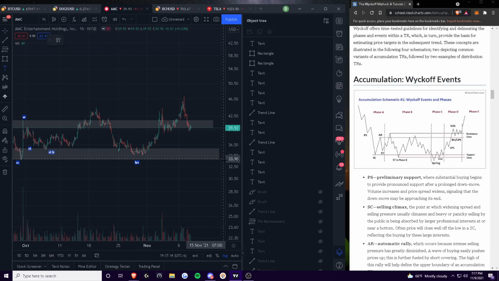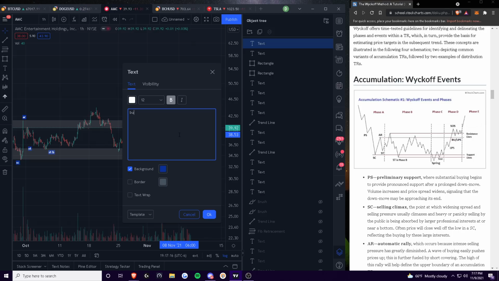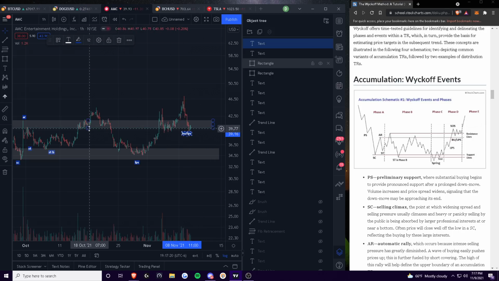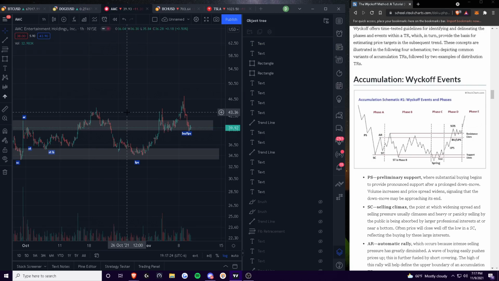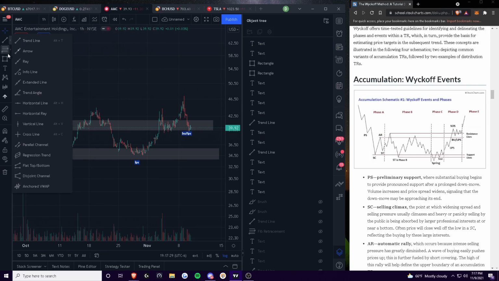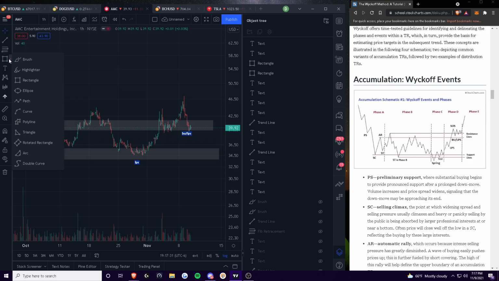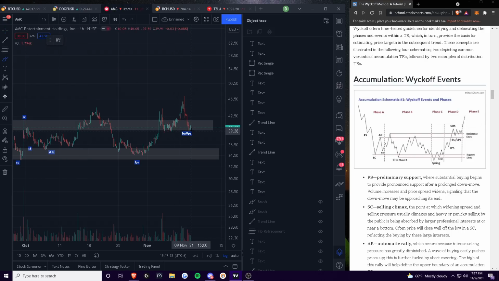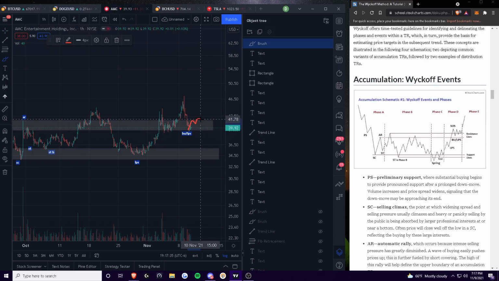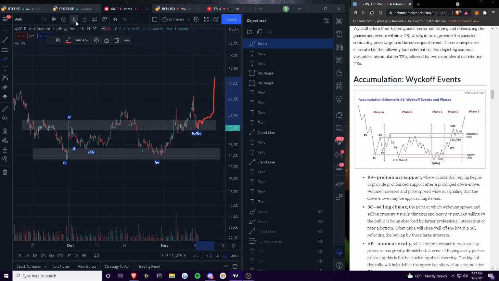You're backing up, gaining a last point of support in your key trading range, and then maybe you have some consolidation here, like we discussed. General uptrend, and then you have your markup. So that's pretty much what I'd be expecting.